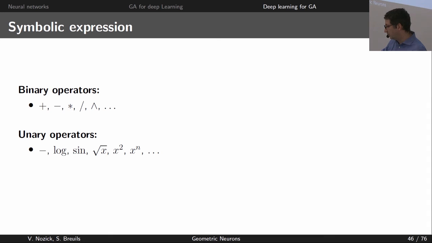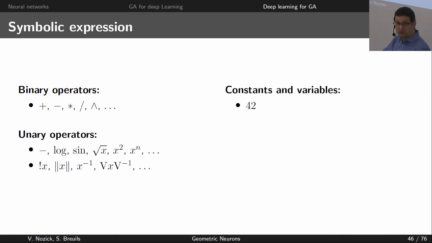Unary operators could be log, sin, square, what you want, but could also be maybe dual, or if you want to sandwich something. And then you may want to put some constants, some numbers, some complex numbers, or anything you want, and some variables that could be either scalars, vectors, homogeneous multivectors, or multivectors, anything you want.